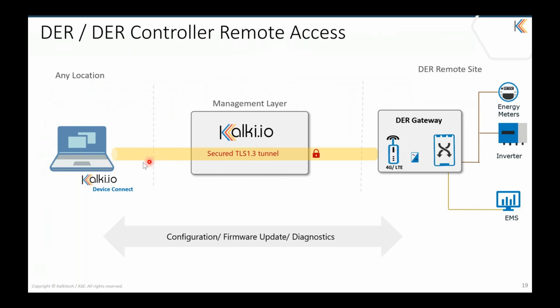And through this secure TLS 1.3 tunnel, you can access any of these field devices remotely and securely, and do all the use case requirements, like if you want to do a configuration update of the devices, or firmware update, or diagnostics of devices, it can be done remotely from the technician PC over a secure link. And this certificate can be controlled.